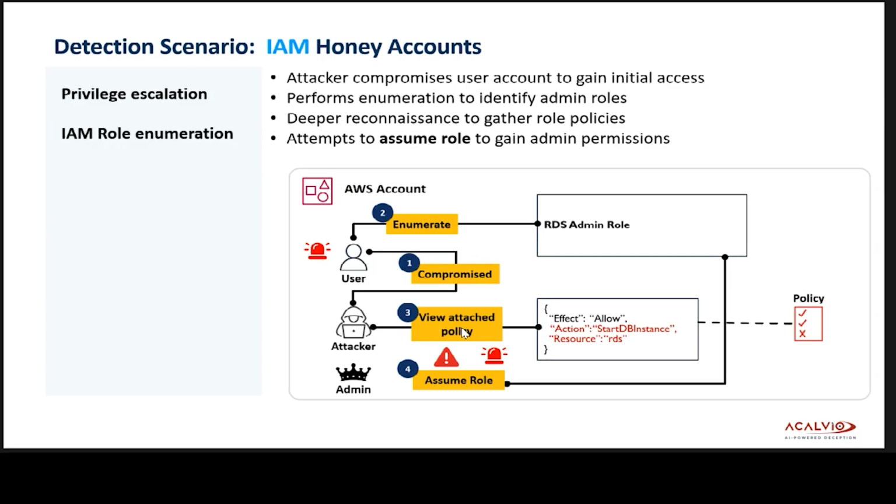Now, they went and looked at the actual policy for this particular admin role. They see that it says allow, and the resource is RDS. So that means they can do all enumeration, all activity on the RDS database. So they got this policy. Excellent. Now, once they get this policy, they would have gone and done things.